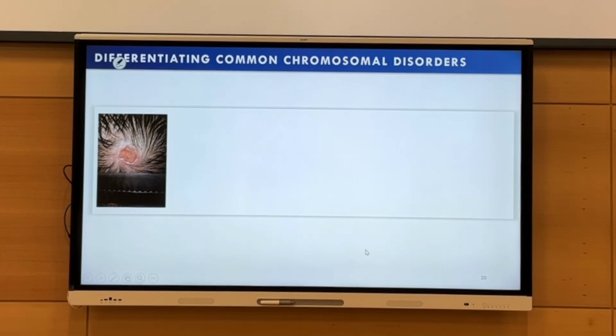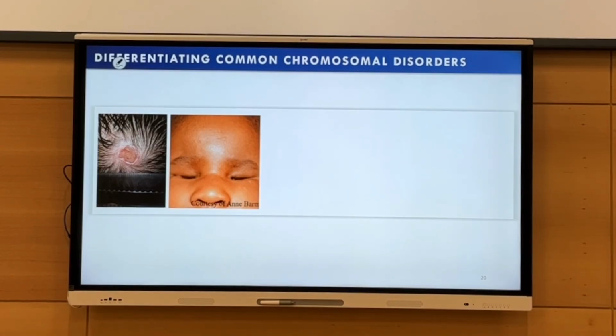Excellent. Yes. Seen in what? Trisomy 13? No. What's this? Prominent epicanthal fold.